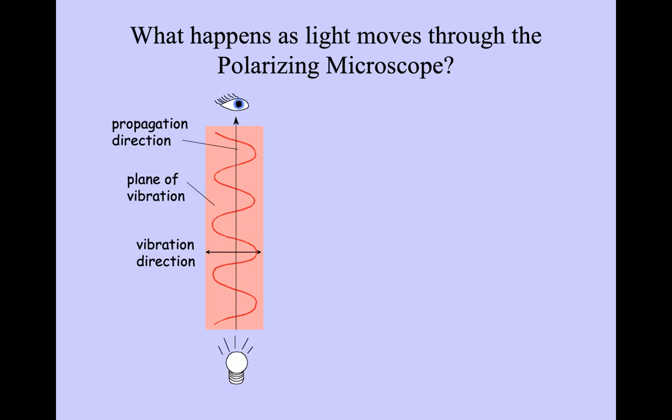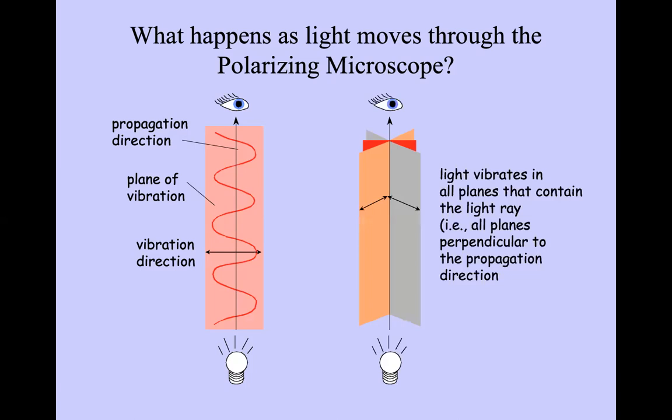Through that direction, vibrations can pass through. So that's the mechanism of a polarizer. All-direction vibration light will be converted into monodirectional vibrated light. Okay.